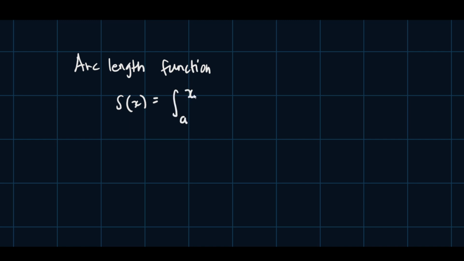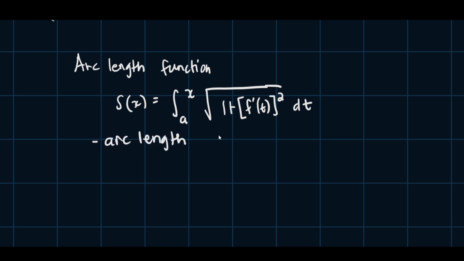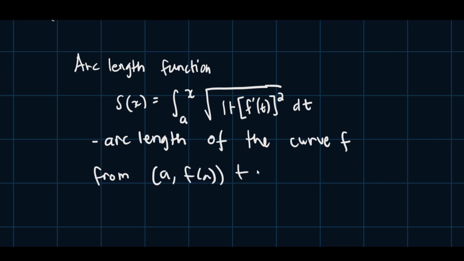Integral from a to x of square root of 1 plus f prime of t squared dt. This is the arc length of the curve f from the point a, f of a, to any point x, f of x, on the curve.